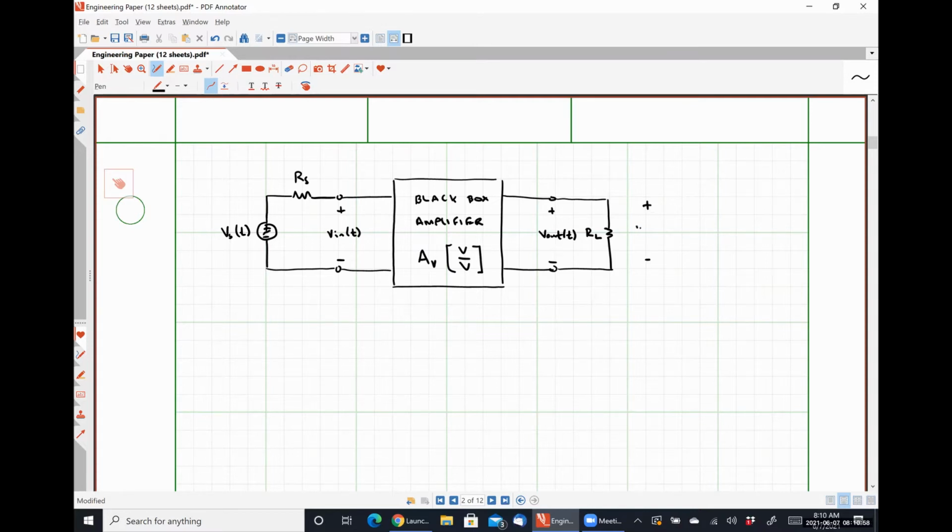And I'm going to call the voltage drop over our load VL of t. So we can break this guy up into 3 distinct stages.